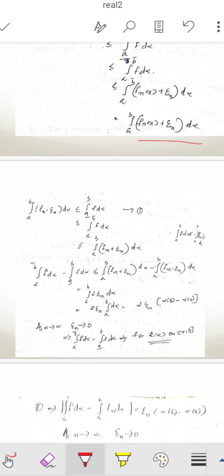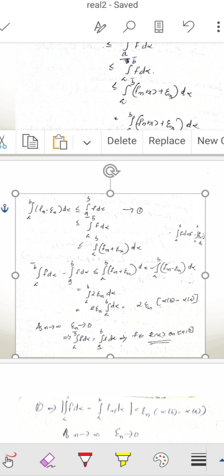That is, the integral from a to b of f_n minus epsilon_n d alpha is less than or equal to the lower integral from a to b of f d alpha, which is less than or equal to the upper integral from a to b of f d alpha, because the lower integral is always less than or equal to the upper integral. Therefore, this is less than or equal to the integral from a to b of f_n plus epsilon_n d alpha.